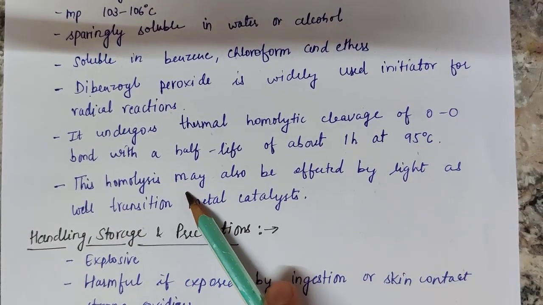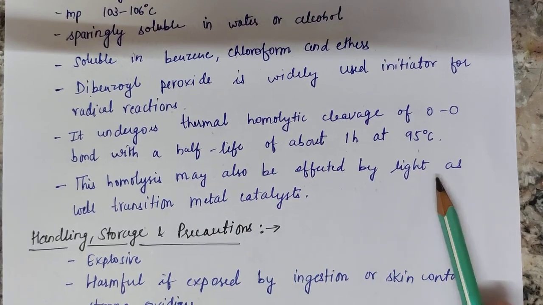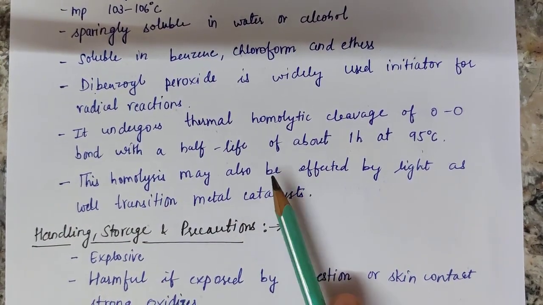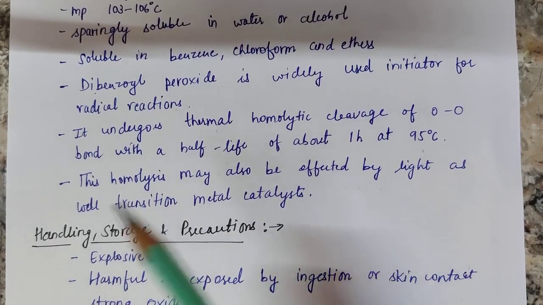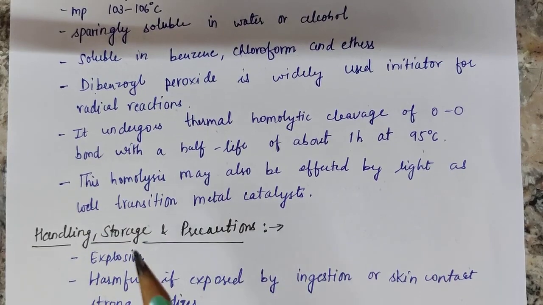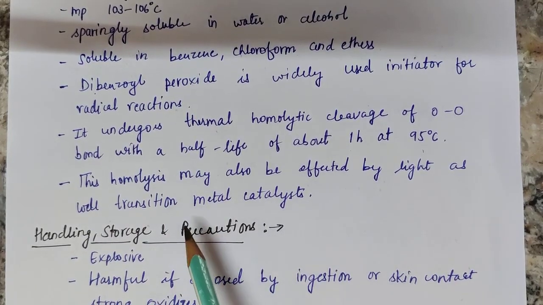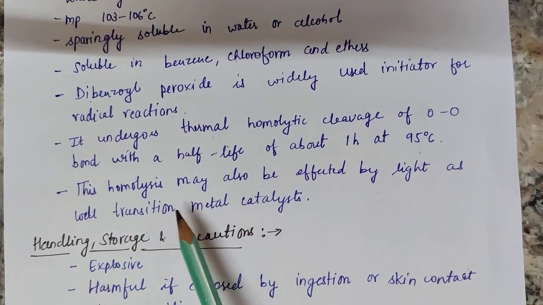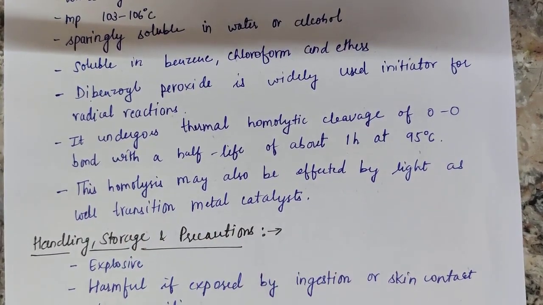This homolysis may also be affected by light as well as transition metal catalysis. Now, other than heat, the cleavage of dibenzoyl peroxide to give two radicals is also possible in presence of light or any transition metal catalysts.